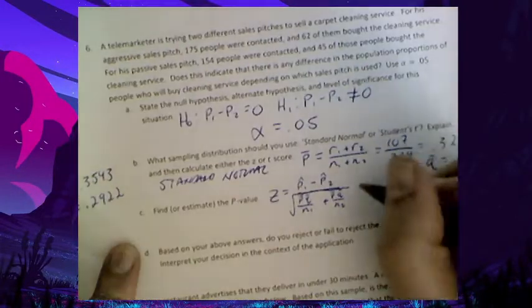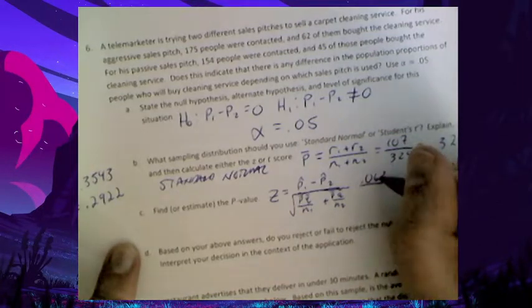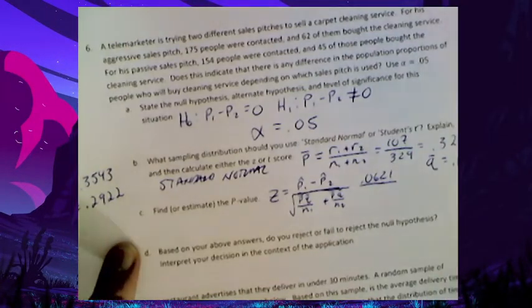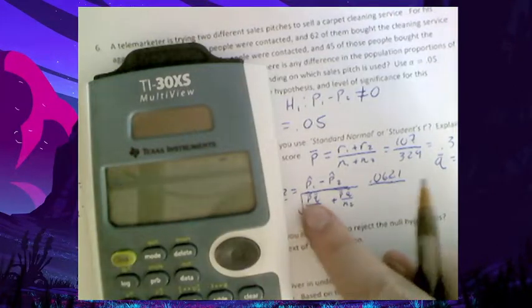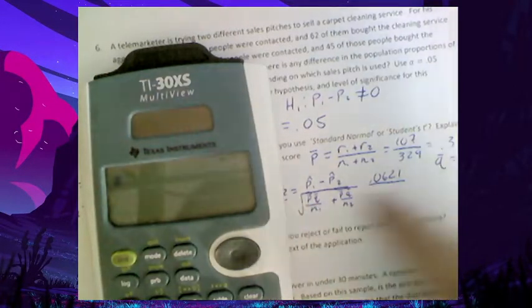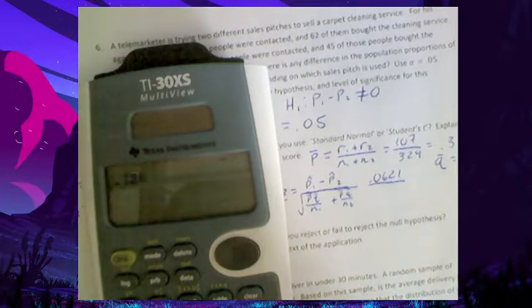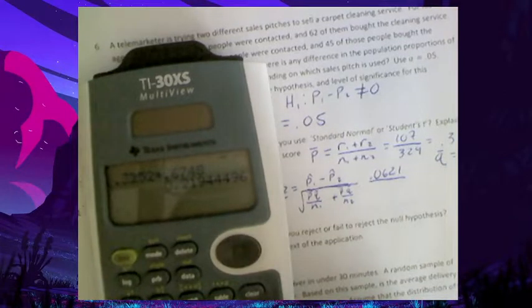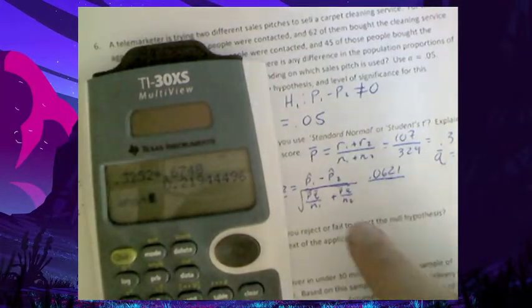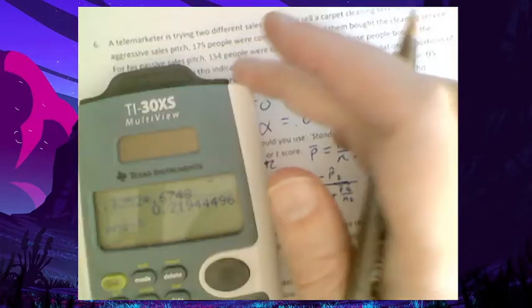So the top of my fraction is 0.0621. For the entire bottom part, p bar times q bar is 0.3252 times 0.6748. Divide that by n1, which was 175.